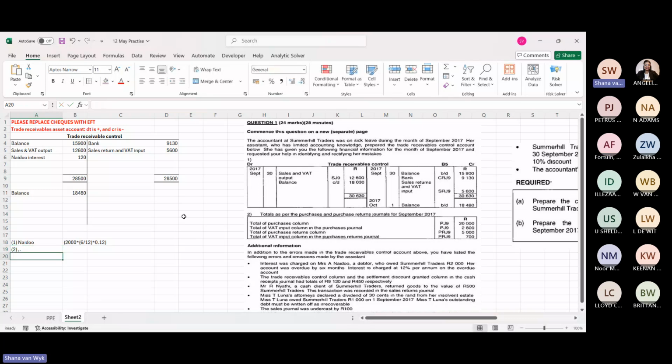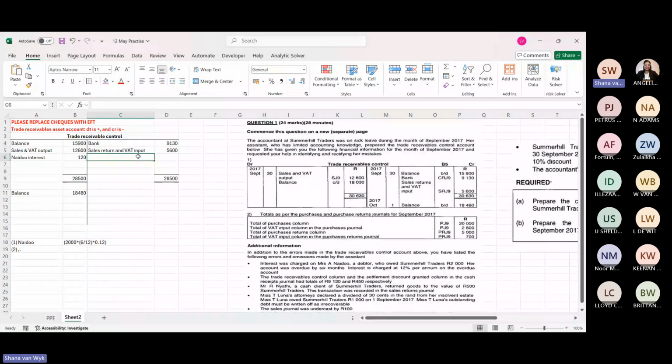Okay, number 2: trade receivables and the settlement discount in the cash receipts journals had totals of that and that. Which tells me we have the cash receipts journal, that's right, but we didn't include the discount granted.